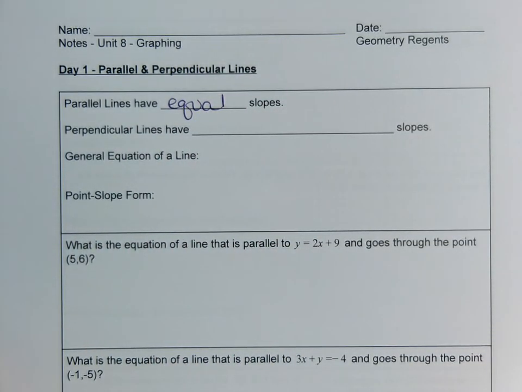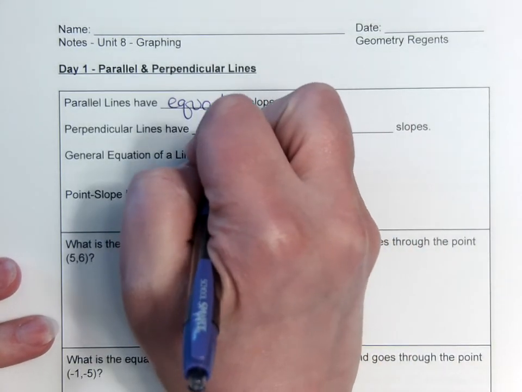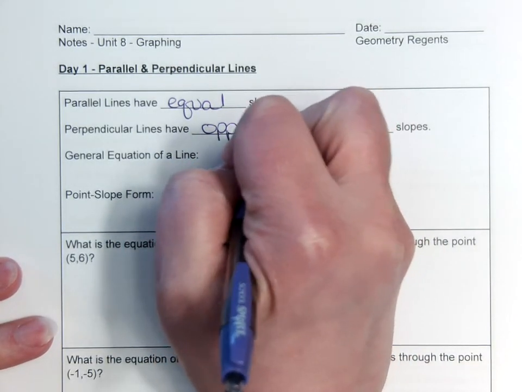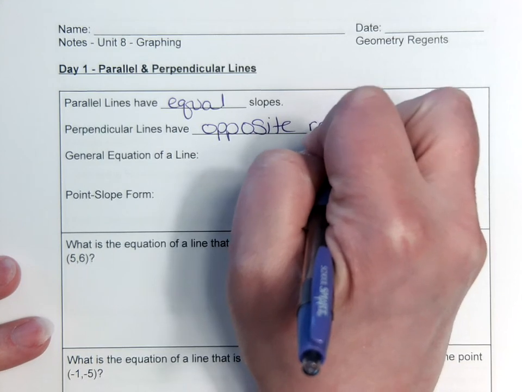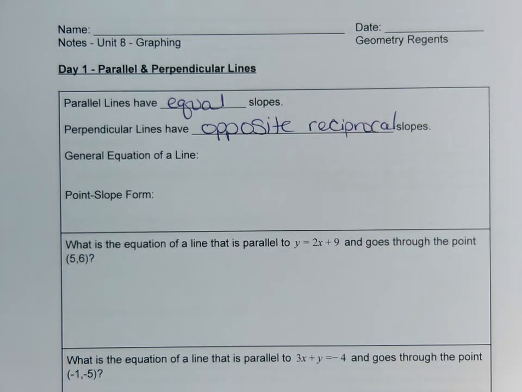And when we were talking about right angles, those consecutive sides had to have opposite reciprocal slopes. So we're going to get into a little bit with actual linear functions the next couple of days.